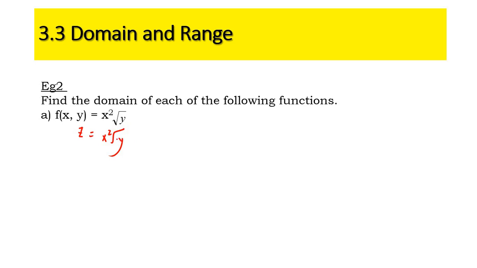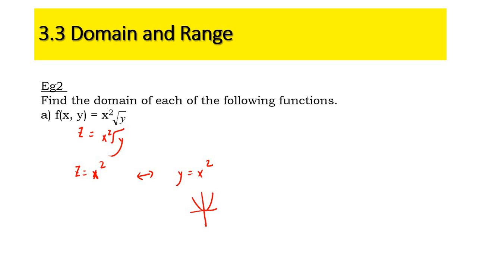When you have a product function like this, first of all just close off the square root of y, then you look at z equal to x squared. You compare with the function of one variable, y equal to x squared. Remember the graph of y equal to x squared? The graph is like this. If you can memorize the graph, it's easy for you to get the domain and range.